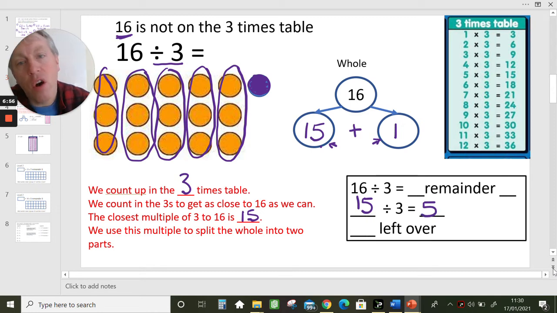And then we've got 1 left over. So our answer, now our answer is, what's our answer? How many groups of 3? Yes, 5 groups of 3. And then I'm going to write, what was that R number?